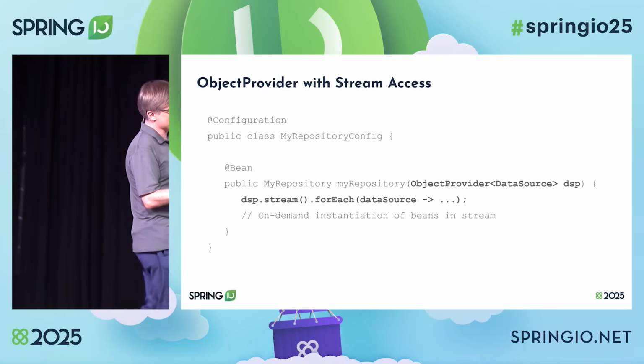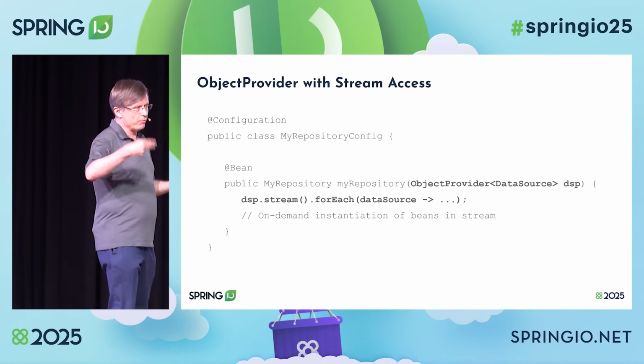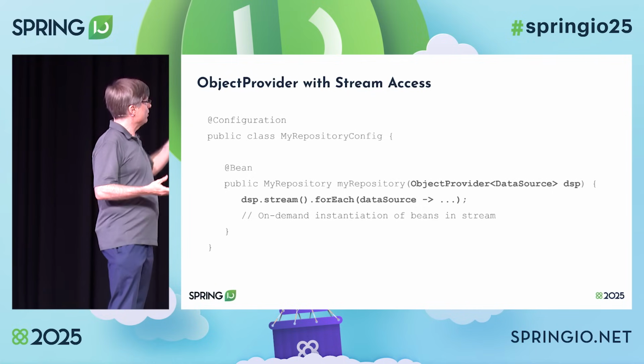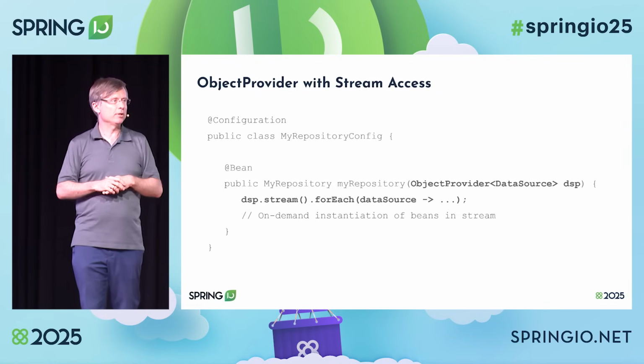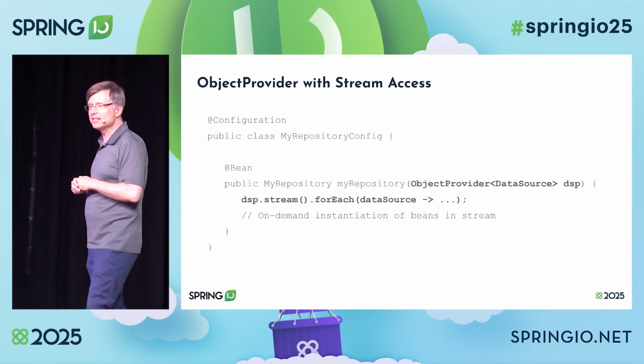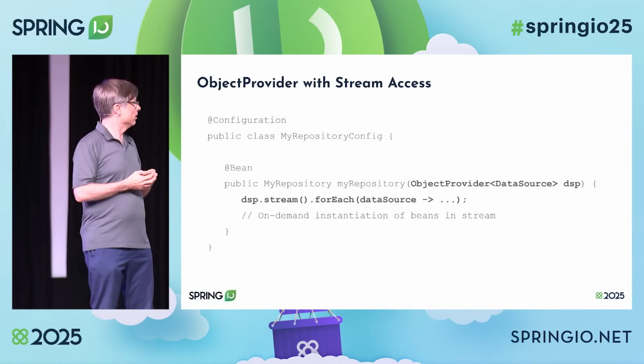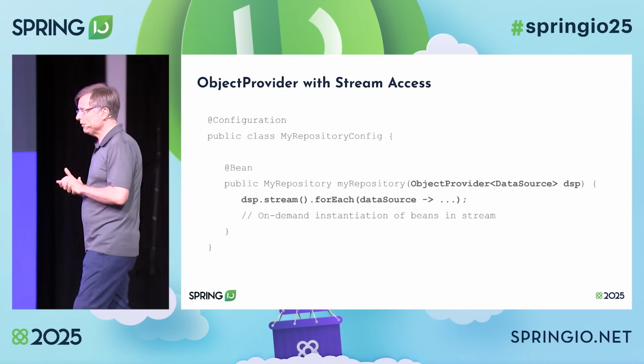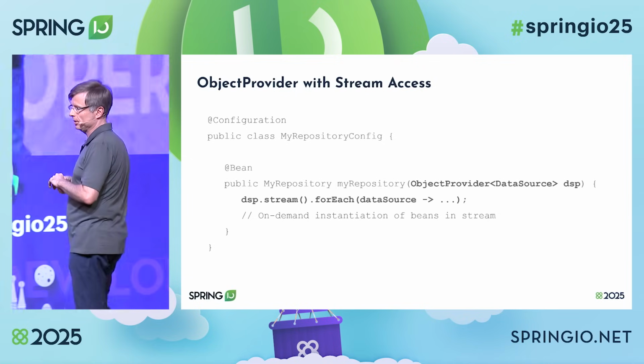You get stream interaction against every data source being present in the context. So for example, you can do then forEach in a callback method that says, for every data source found, do this, post-configure it, register it for monitoring, do whatever, right? Whatever you need to do against the data source before you continue.